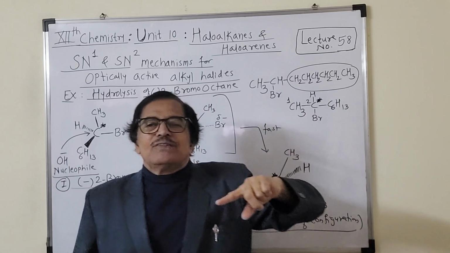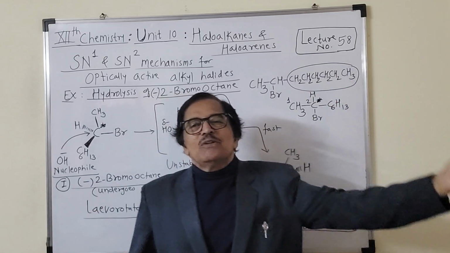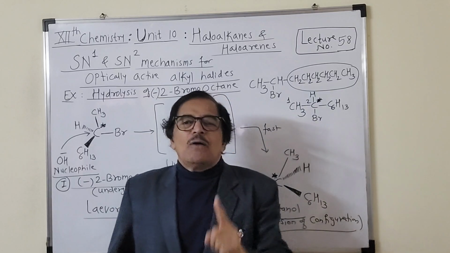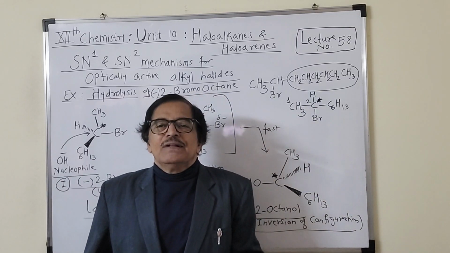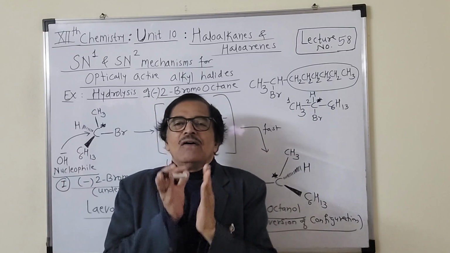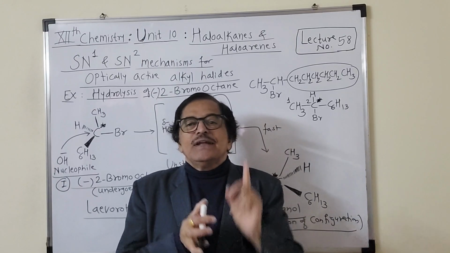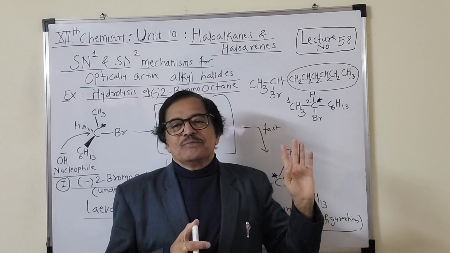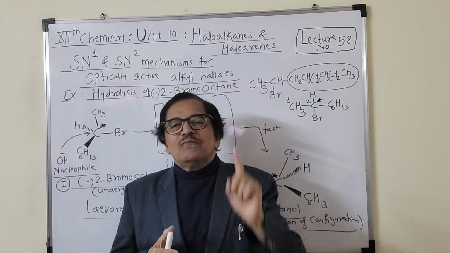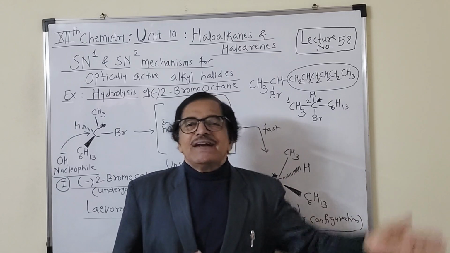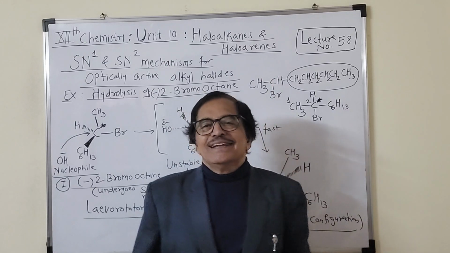If the product is dextrorotatory, the reactant was levorotatory. So in the SN2 mechanism of an optically active compound, the product has exactly opposite optical activity, 100% product with inversion of configuration. And why does this happen? Because of the backside attack of the nucleophile.